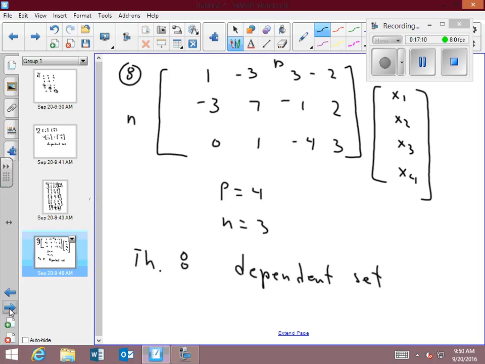And it says, in the next exercises, for what values of h is b3 in the span of b1 and b2?